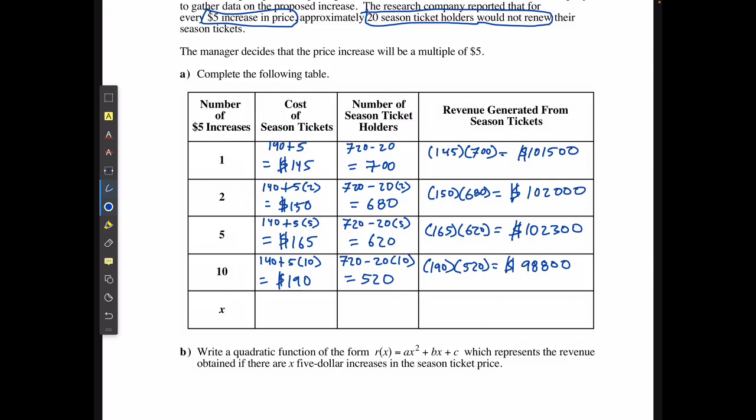Which means that each time, if I took 140 and added 5 x times, then I have to take 720 and subtract 20 x times, and the revenue is going to equal 140 plus 5x, times 720 minus 20x.